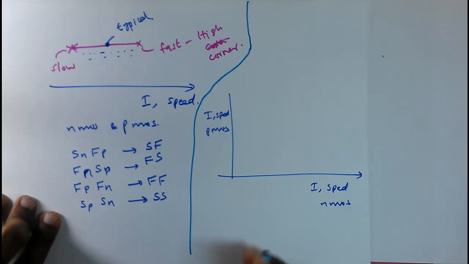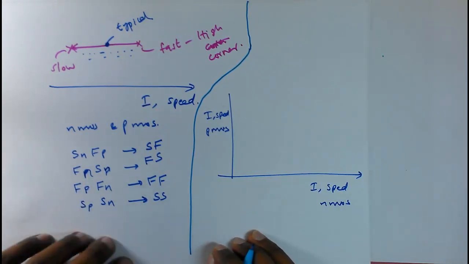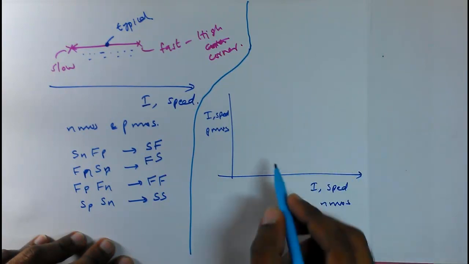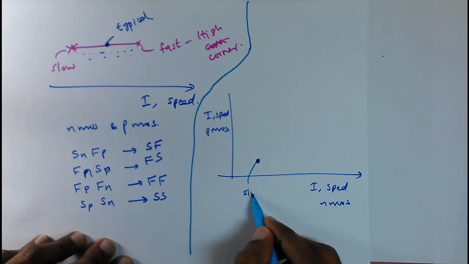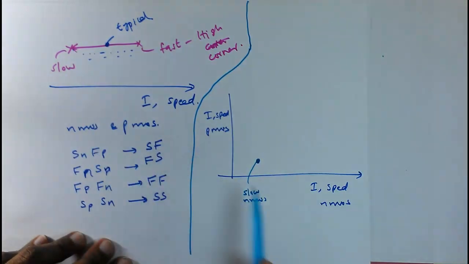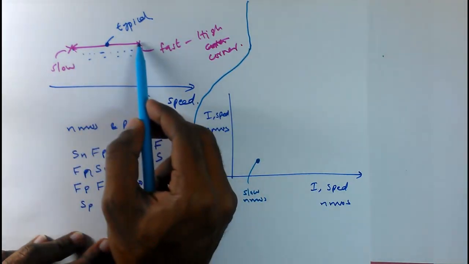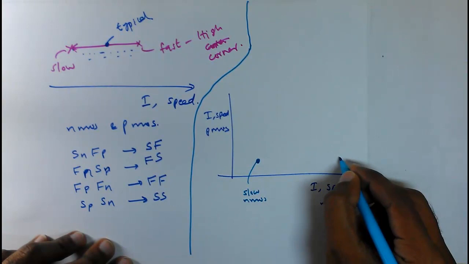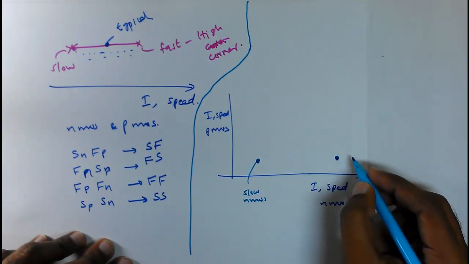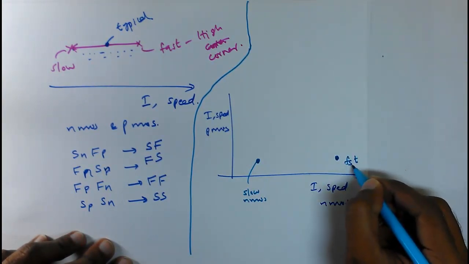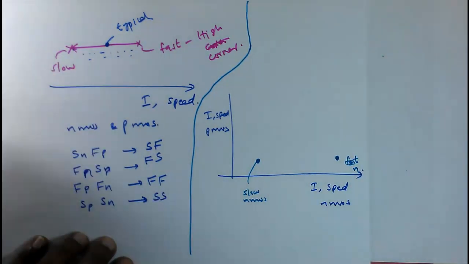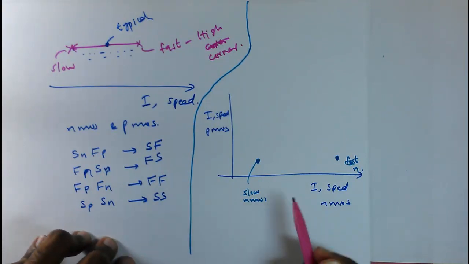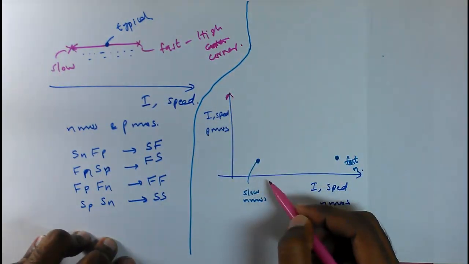So first I am marking the NMOS corners. I am considering this as the slow NMOS. That means when the NMOS corner is here, this is a slow NMOS, and when the NMOS corner is fast, I am marking it here as fast N. And for the PMOS, this is the PMOS axis.